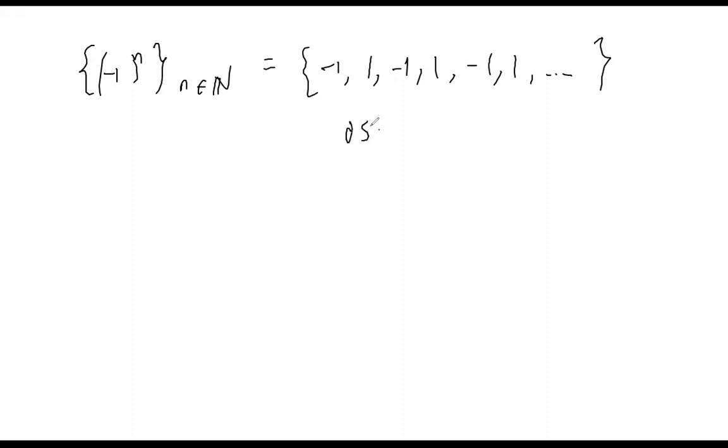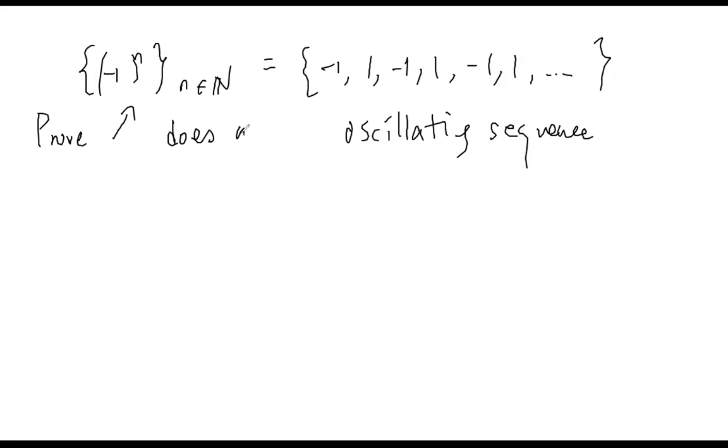This is what we call an oscillating sequence, because it's basically moving without settling at any particular value. So you want to prove that this does not have a limit. It doesn't converge.